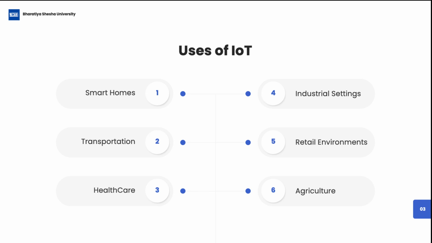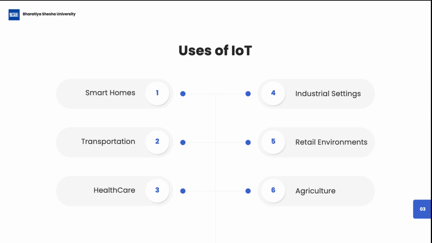IoT devices play a major role in healthcare. Remote patient monitoring, that is vital signs, medication adherence and activity levels of patients, can be monitored with IoT. Wearable technologies like fitness bands, monitoring fitness levels and sleep patterns also come in the healthcare sector of IoT devices.